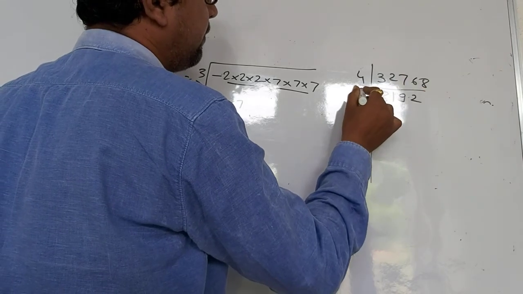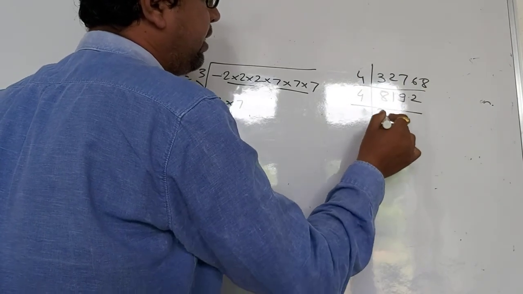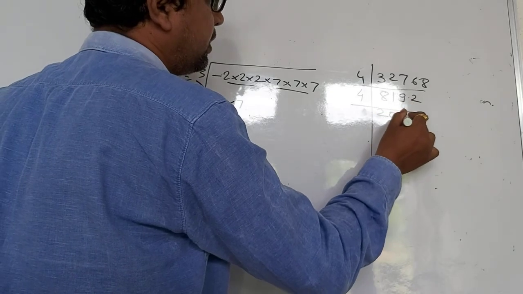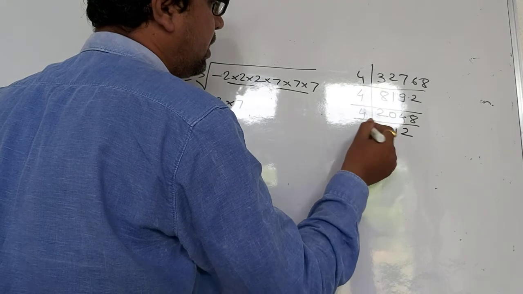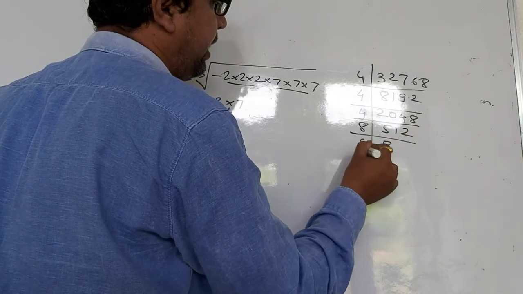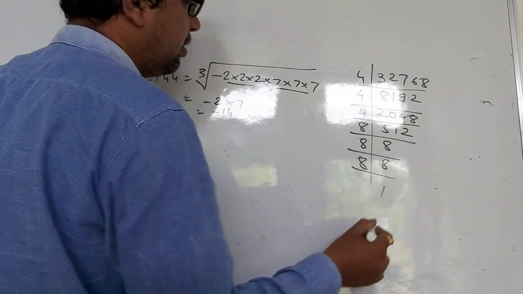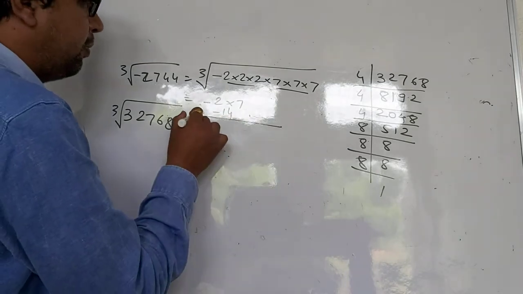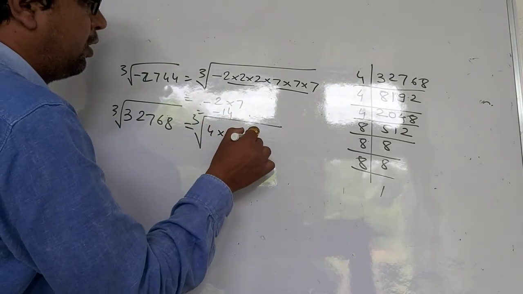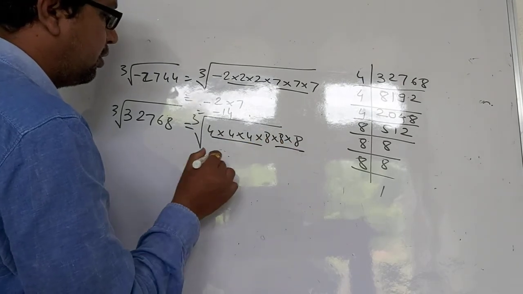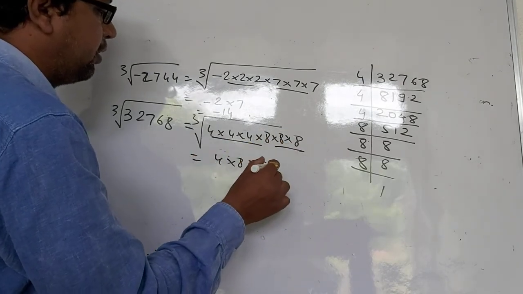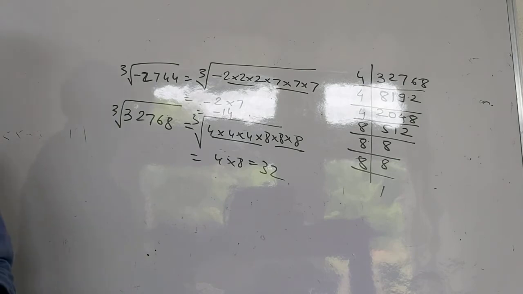Again by 4, 4 2s are 8, 0, 4 4s are 16, 4 8s are 8. Again by 4, then it is a cube of 8 directly. So you can write in this form 4 into 4 into 4, 8 into 8 into 8, make 3 3's group. So 4 into 8 you get 32. In this way you can find the cube roots.